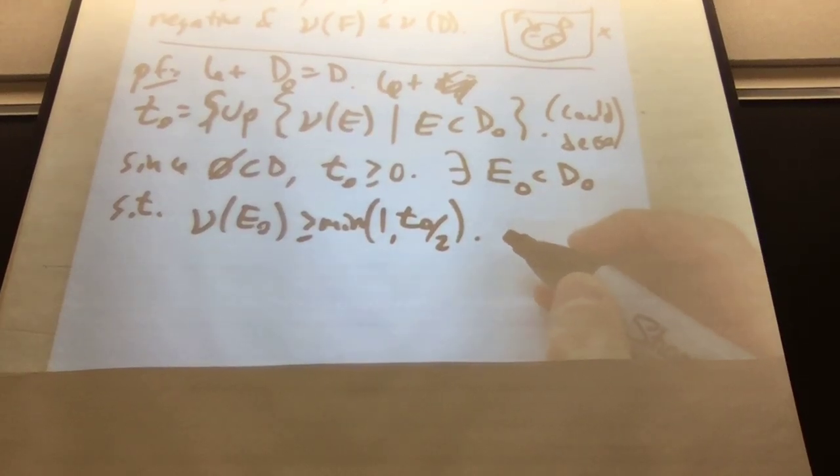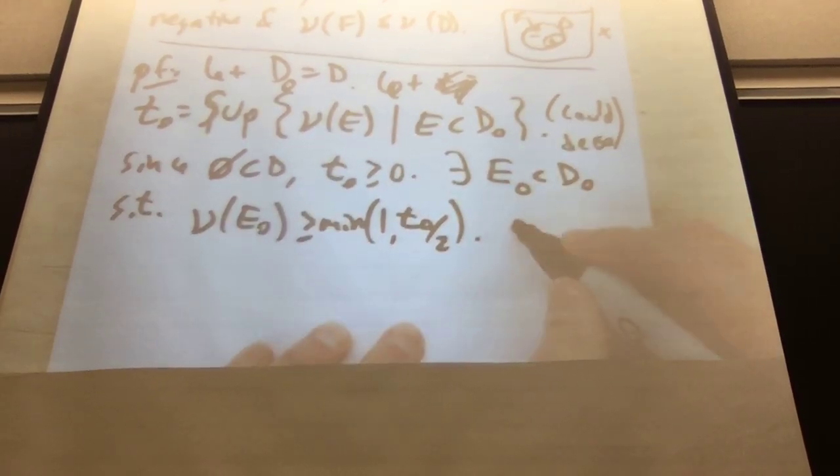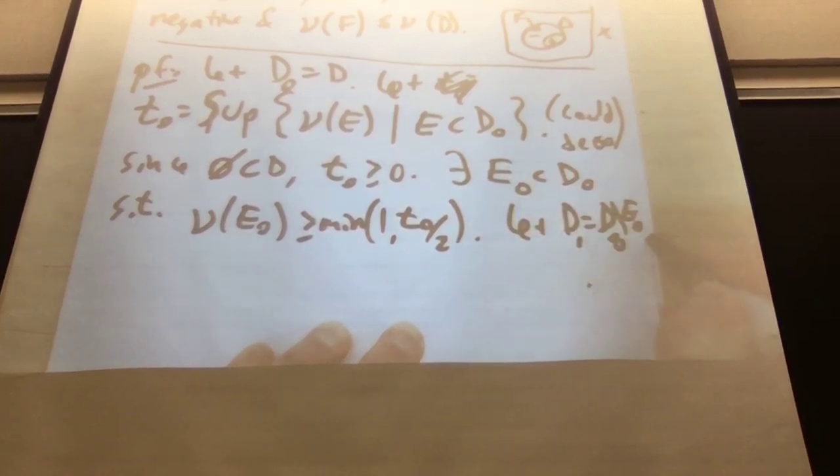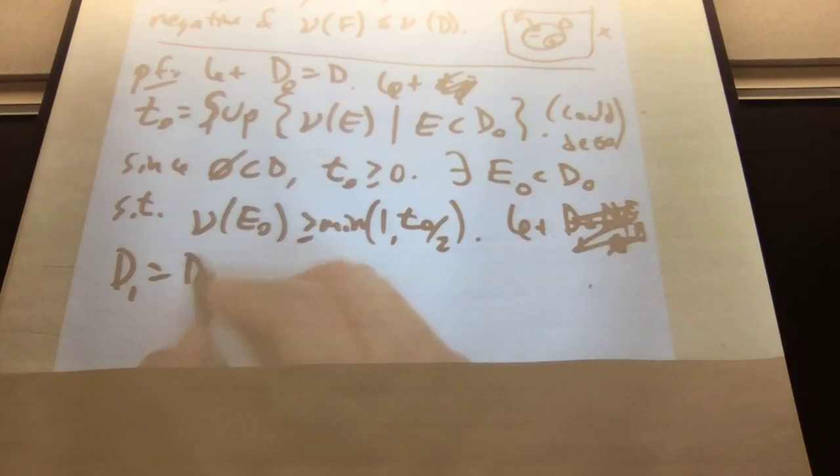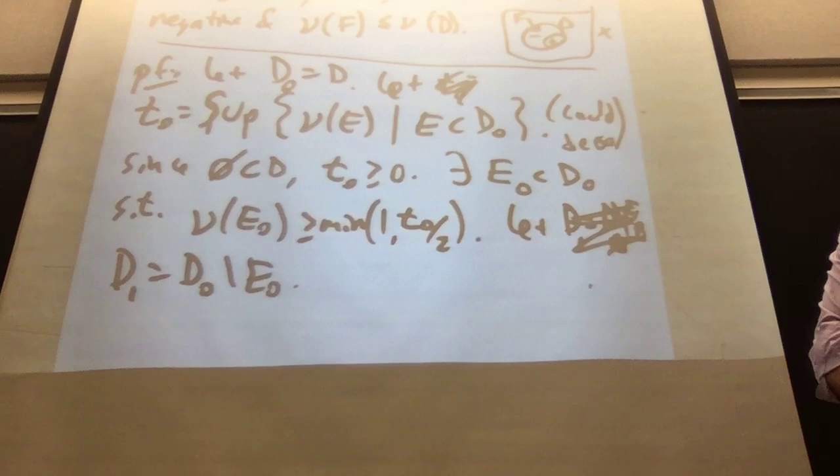So when we do that, we're going to remove this set from D. So let D1 be D0 take away this E0, this very positive set. It's so hard to draw large enough. Okay?